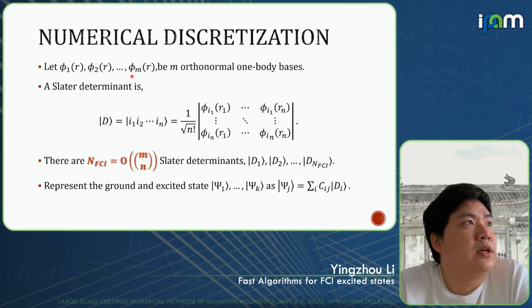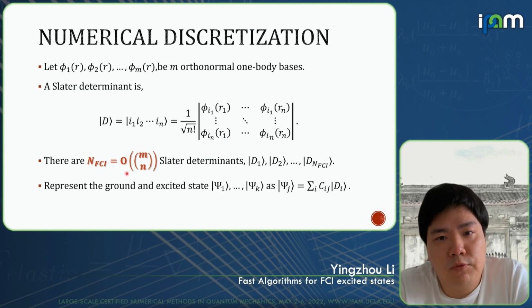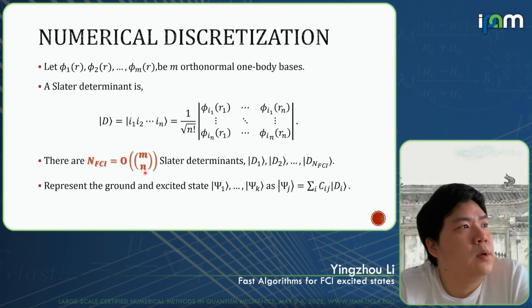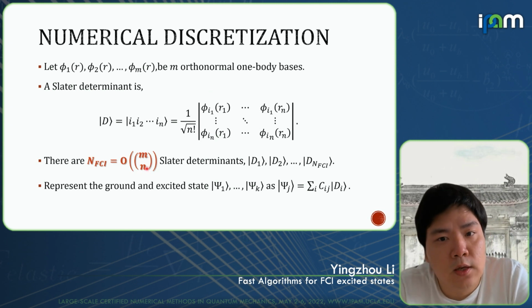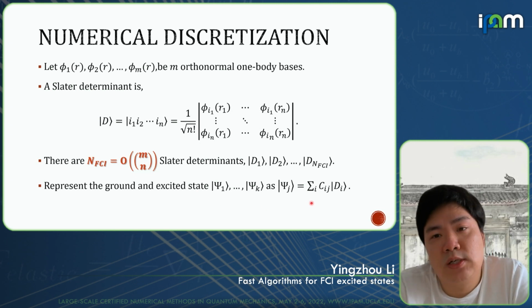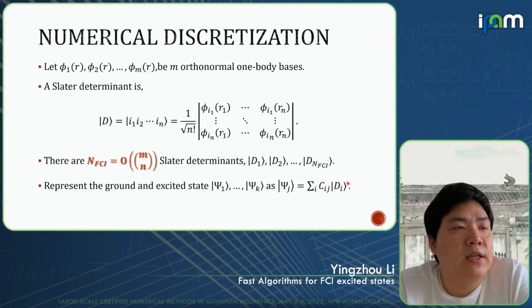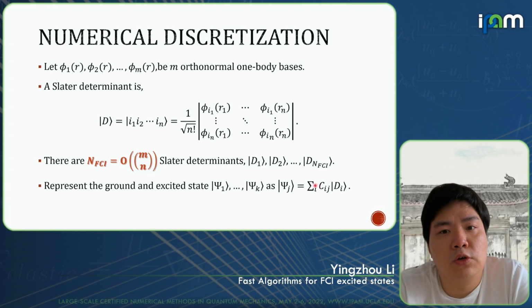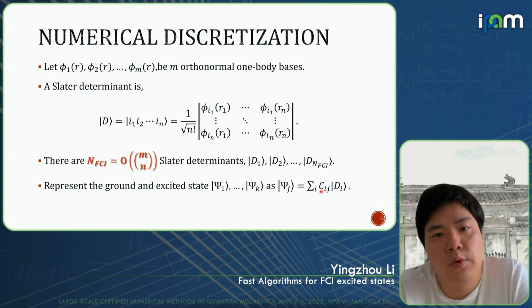But if we pick n out of m, then the total number of basis functions for this FCI problem will be on the order of m choose n. So this is a gigantic problem. We denote the determinants as D1 to Dn. Then the ground state and also the excited states are just linear combinations of such determinants, and here we use Cij to denote the coefficients of the representation.